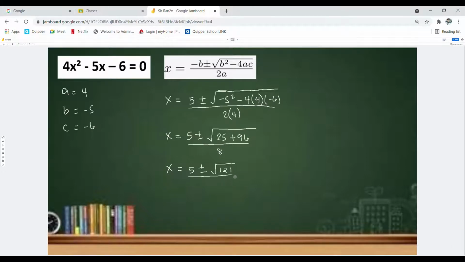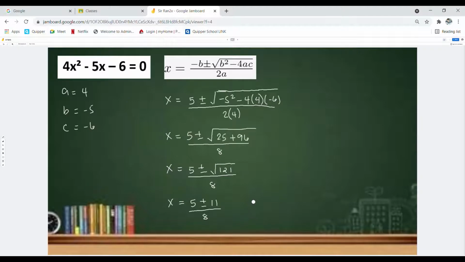So over 8. Then extract the square root of 121. So therefore you have 5 plus minus square root of 121 is 11, because 121 is a square, over 8.